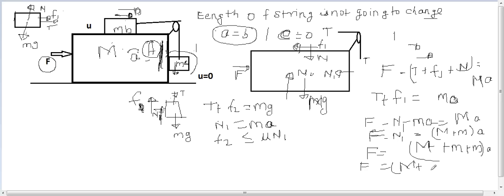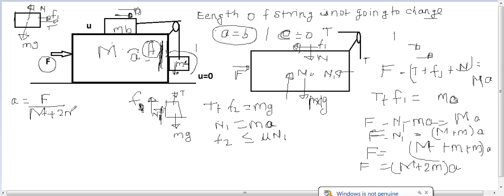In the solution, this is calculated in the first step. Actually they have used the concept of center of mass. I had not taught that topic, so I had not used the concept of center of mass. So here acceleration of a is equal to F divided by M plus m.